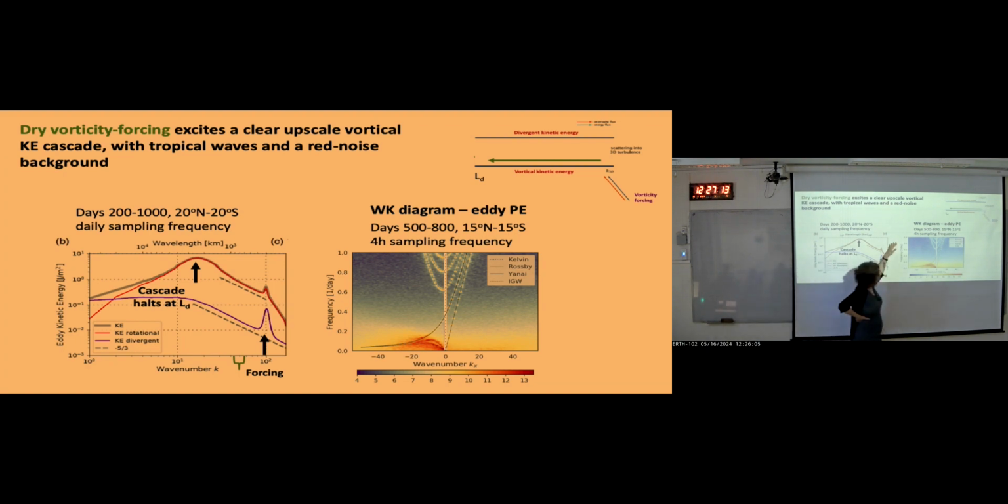And here you see a Wheeler-Kiladis diagram, as I showed you, only now we're showing not the symmetric component, but everything. And so you see this mixed Rossby gravity wave also appearing, and you see both the red noise background spectrum and Rossby waves. You see some Kelvin modes, mixed Rossby gravity waves, and inertial gravity waves here. Okay, so we are able, from this forcing at mesoscales, to excite both the red noise and these waves.